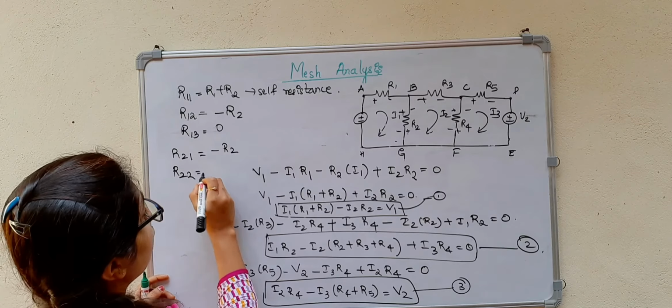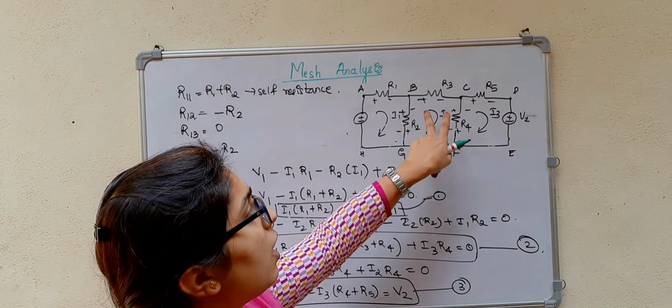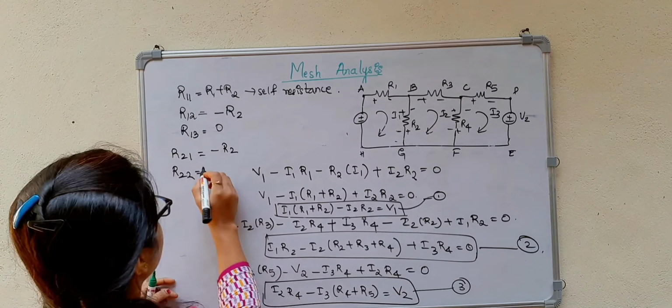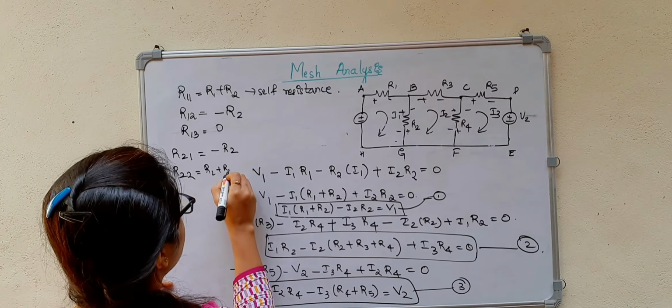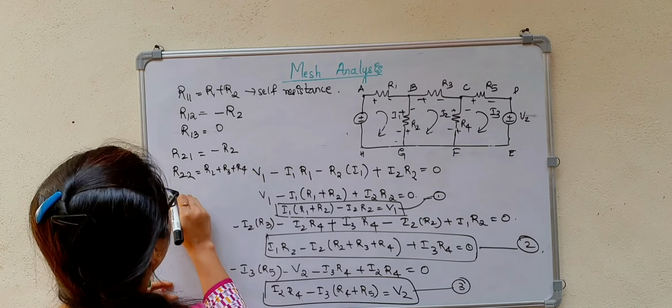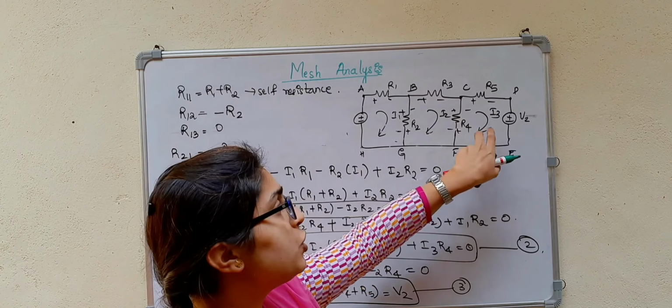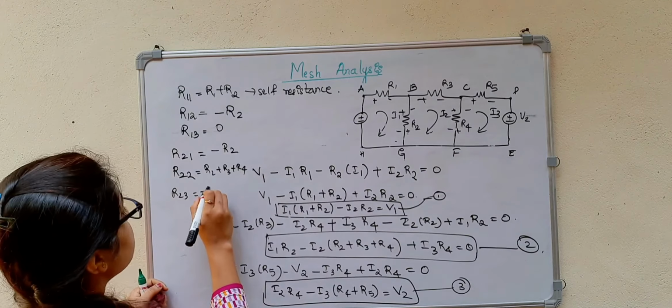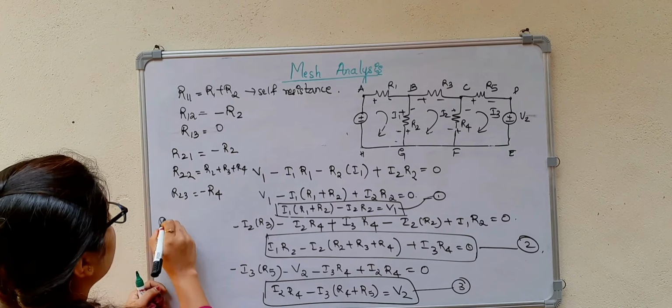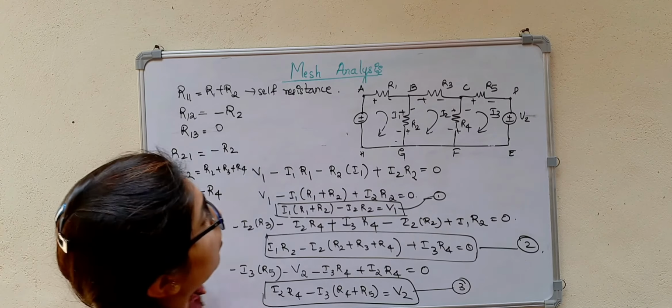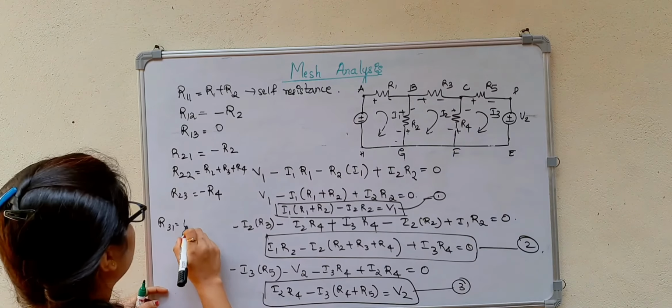R22 is the self resistance, that is R2, R3 and R4. So we have R2 plus R3 plus R4. Then we have R23, the resistance common to the second and the third mesh, which is R4, that is equal to minus R4. Next you have R31. Common is 0.